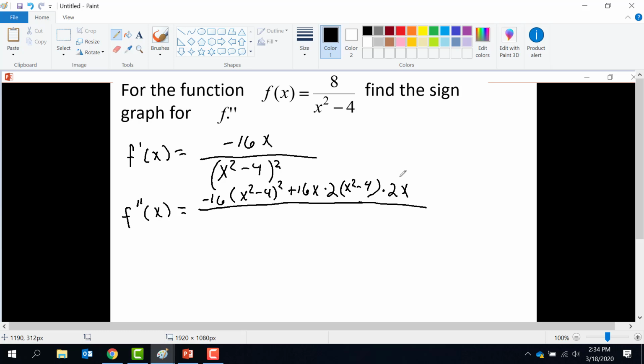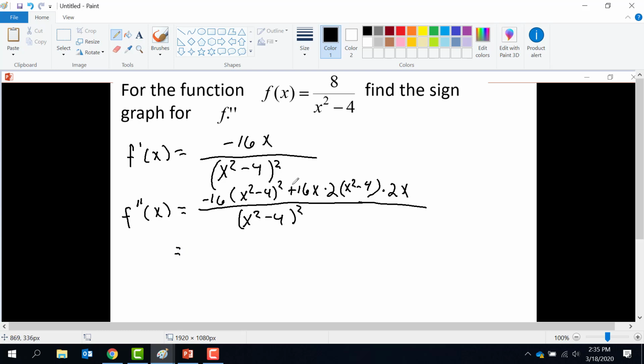Now, the trick is that because we have this (x squared minus 4) squared, we're going to have x squared minus 4 here and x squared minus 4 here, and we'll be able to factor that out, and we'll do that in just a moment. But don't forget that your denominator is (x squared minus 4) squared. This is going to actually make the algebra just a little bit easier.